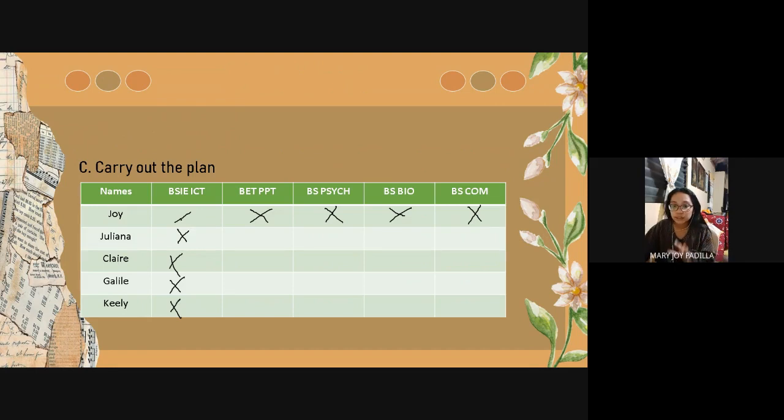Joy is a TUP student. So, basically, i-X natin si BS Psych, BS Bio, and BS Com kasi wala namang course sa TUP na itong tatlo. So, basically, Juliana is a student at the TUP, so ang kanyang course ay BETPPT.